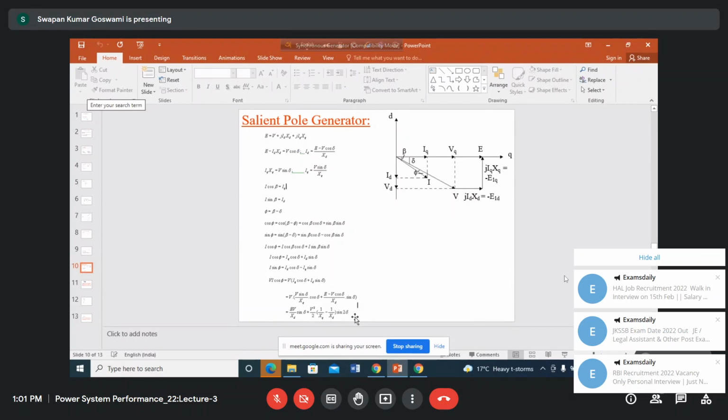Okay. So you can say that the zone of stable operation is getting reduced, but the stiffness of the machine is becoming higher.